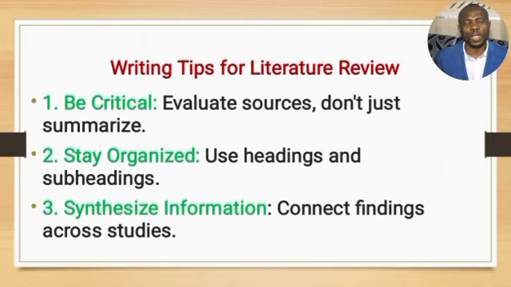You have to be organized also. As you write your literature review, you have to include headings and subheadings. You have to itemize. We know literature review is chapter 2, so your first section will be 2.1. Your second section will be 2.2.